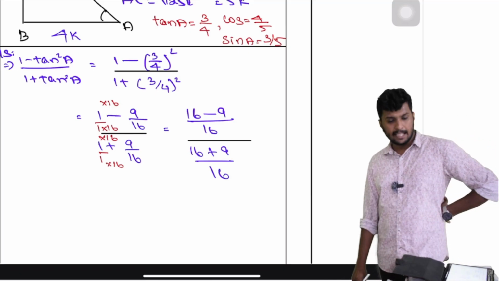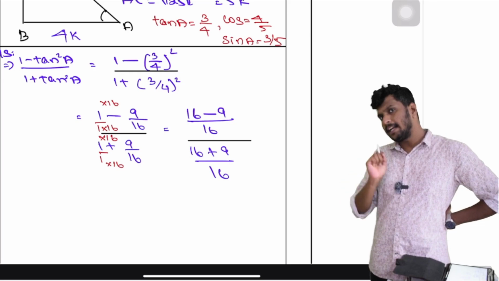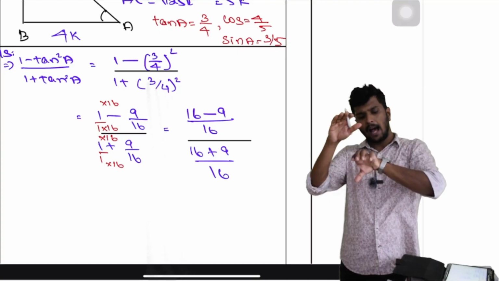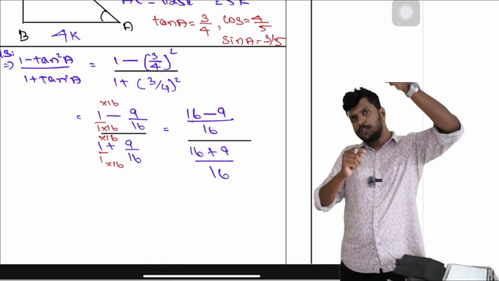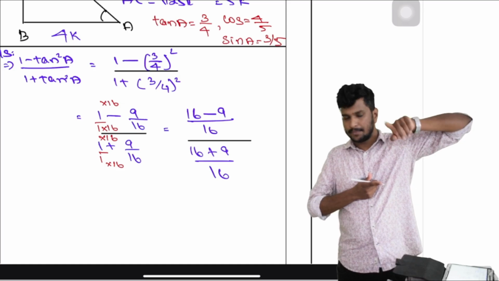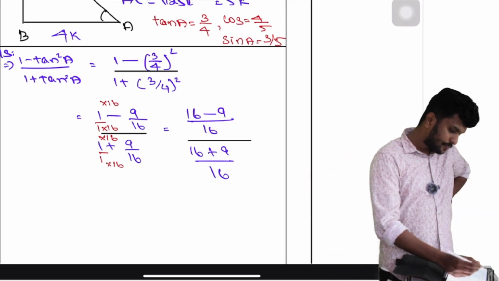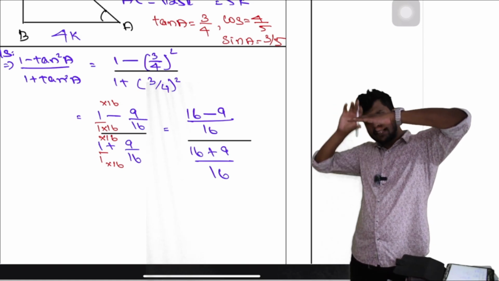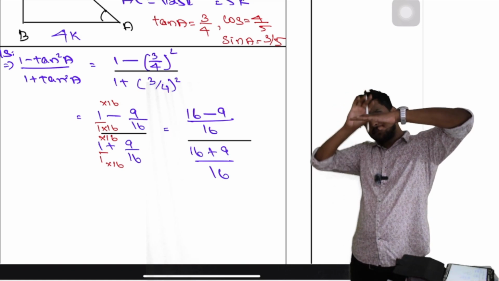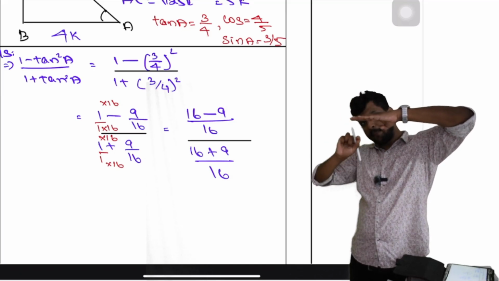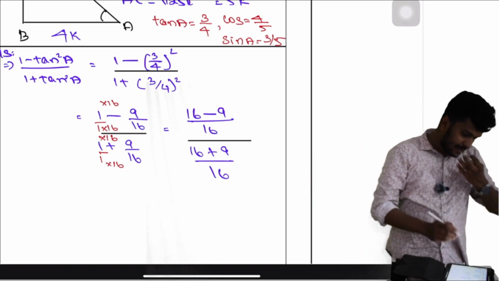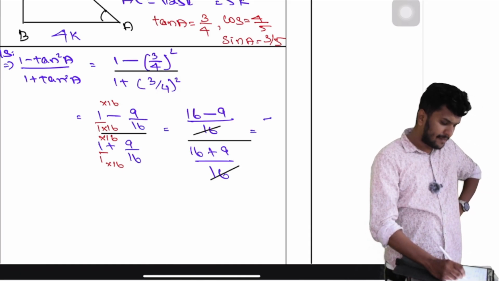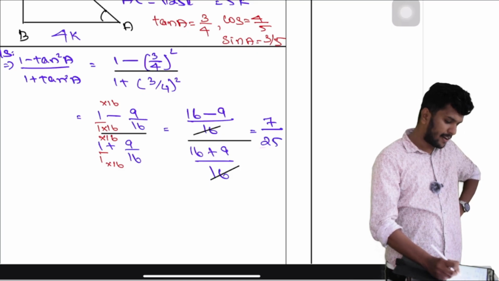Here keep one thing in mind: in a division of fractions, if the denominators are the same, they get cancelled out. So 16 cancels. What do you have? 7 by 25.